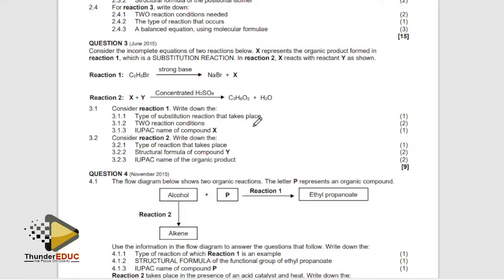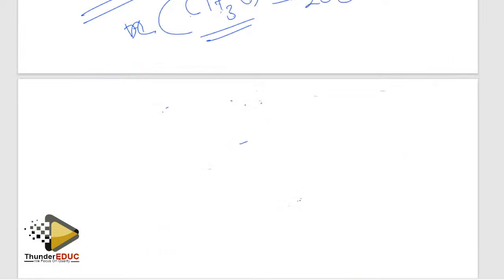When do I use a strong base? When do I use an acid? Then you are done. You have what you call addition reaction, elimination reaction, substitution reaction. So all this you have to know when and how to apply them.